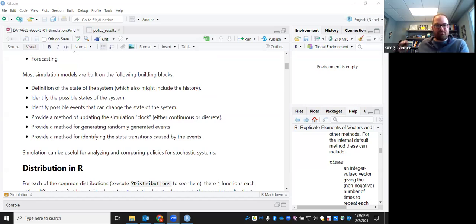These are the building blocks for most simulation models and the questions that you want to ask. As you get familiar with more and more simulations, this becomes easier. But the first time through, there might be multiple ways of defining the state, and it might not be obvious which one's the best way. To be honest, sometimes I'll try something, realize there was a better way, and redo or rebuild my code after the fact.